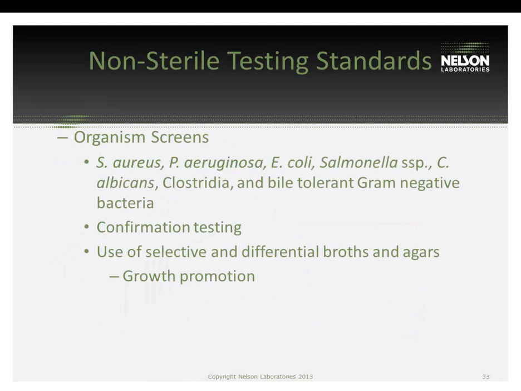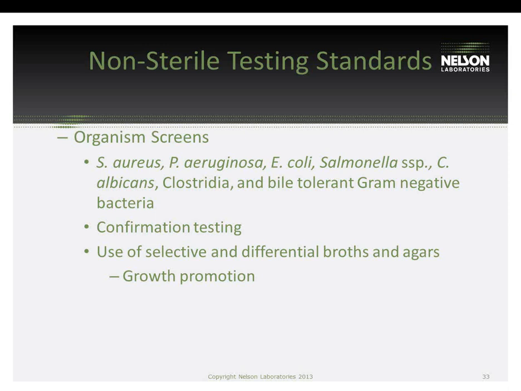Other screenings are outline testing for Candida albicans, Clostridia, and bile-tolerant gram-negatives. Once the test is run through and we get characteristic growth, confirmation tests are performed, for example, genetic ID to confirm that that's the actual organism that was recovered.